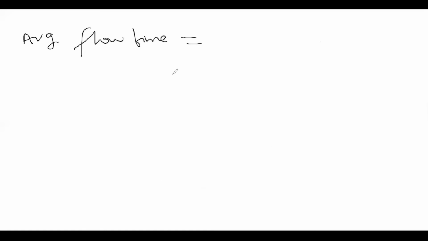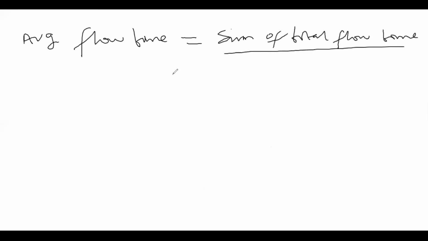If you remember the formula, it was sum of total flow time divided by number of jobs. So this is for first come, first serve priority rule.